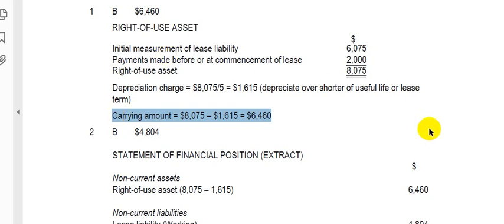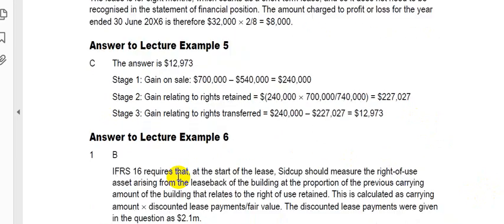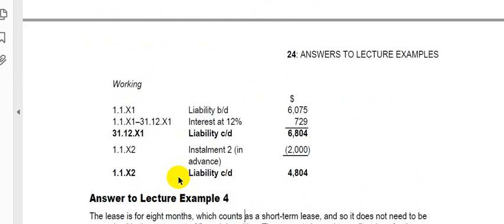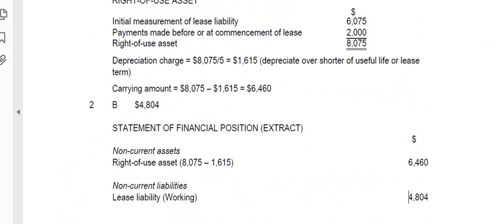And then the liability, we do a working.